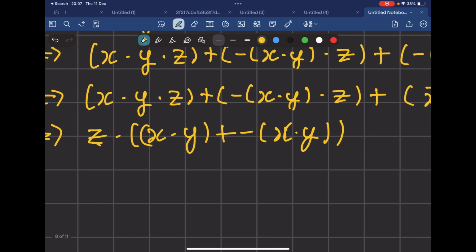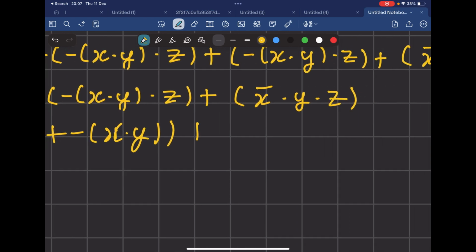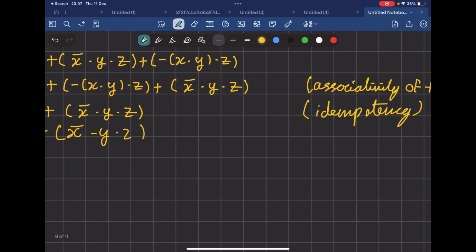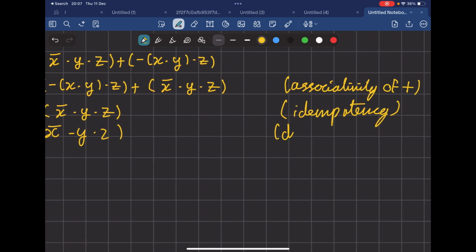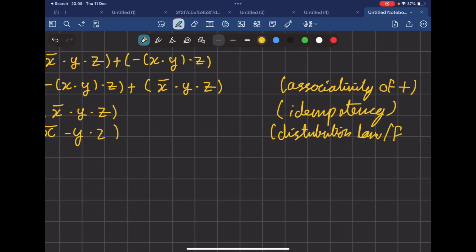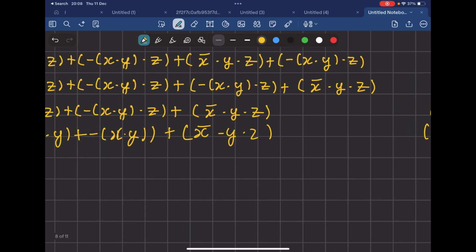Okay, so that's factorization. Then we can't forget the rest of the formula. Okay, let's just write that out. Distribution law slash factorizing, but without space.